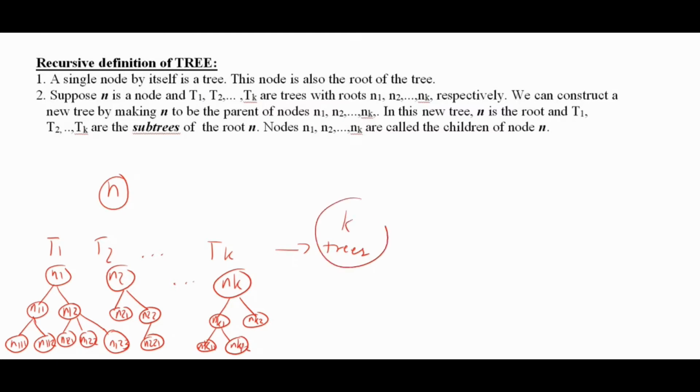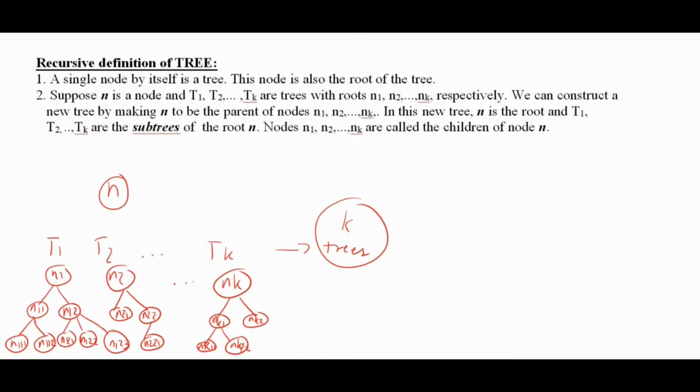There are k trees, and these k trees are denoted as T1, T2 to Tk, and tree T1 has root n1, tree T2 has root n2, and tree Tk has root nk.